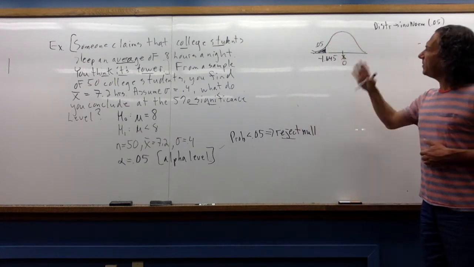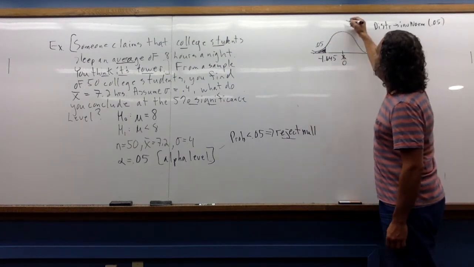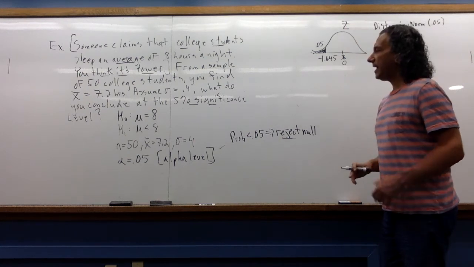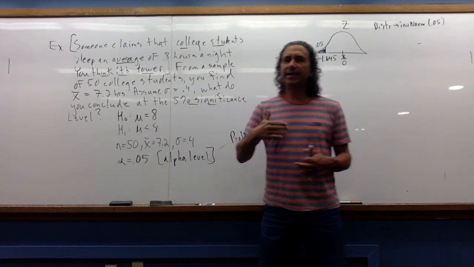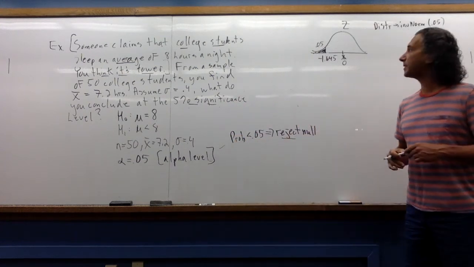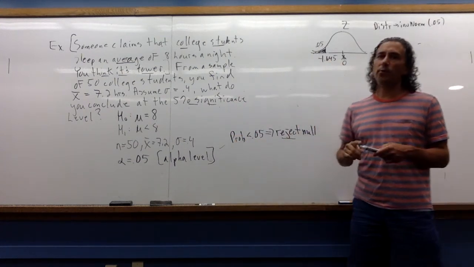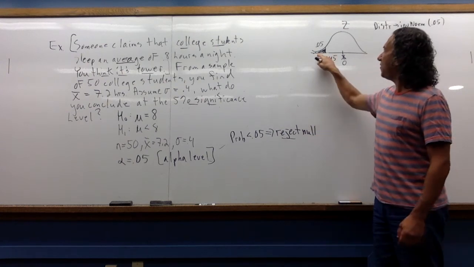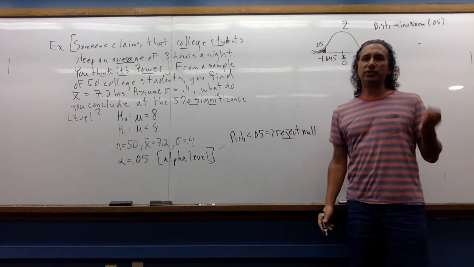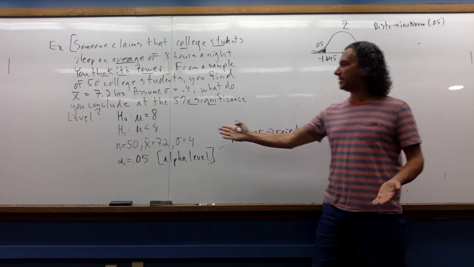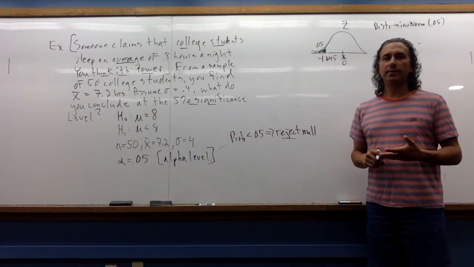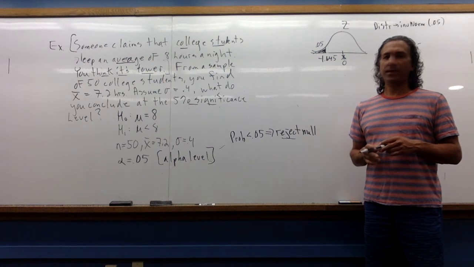So the way that I'm characterizing this now, this is a standard normal, this is z, is that if this guy, when translated into a standard normal, is less than minus 1.645, if it's over here somewhere, then I'm going to reject the null hypothesis. How do I convert this to a standard normal? The central limit theorem.